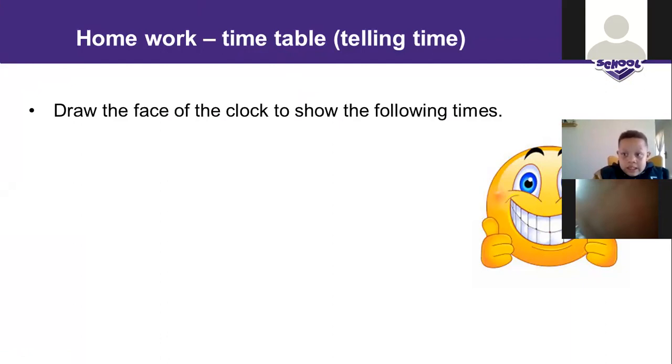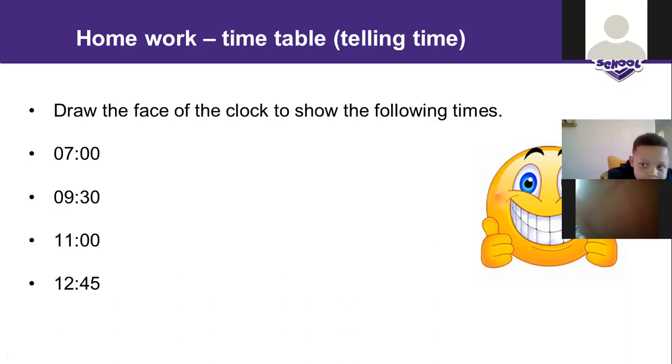I want you to draw the face of a clock showing the following times. 7 o'clock, draw the face of a clock, show me 7 o'clock. Show me the big hand and the small arm and the long arm.